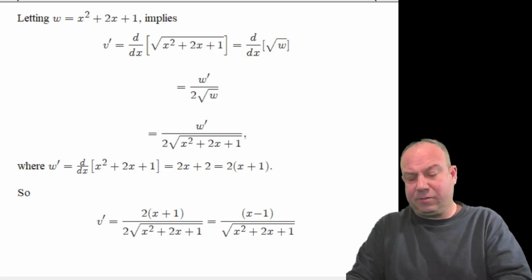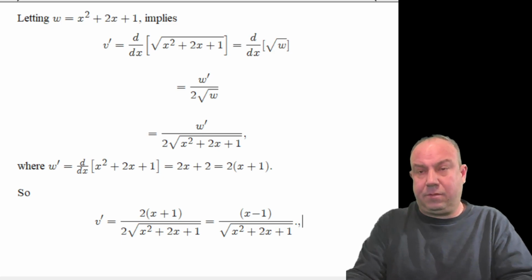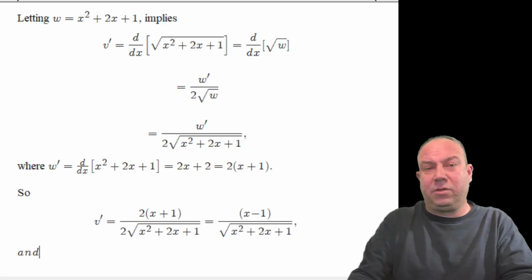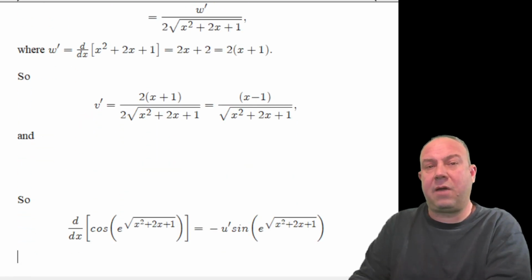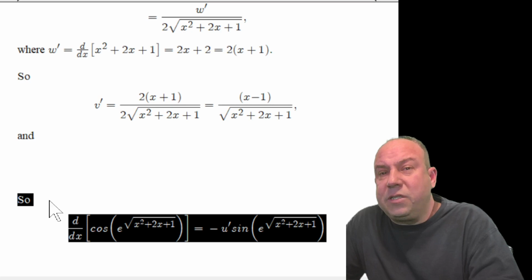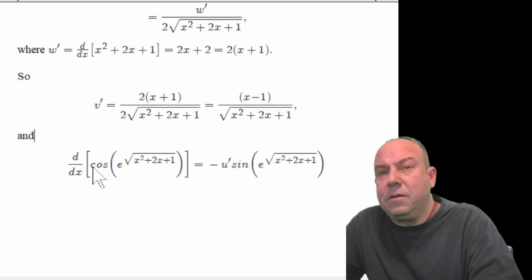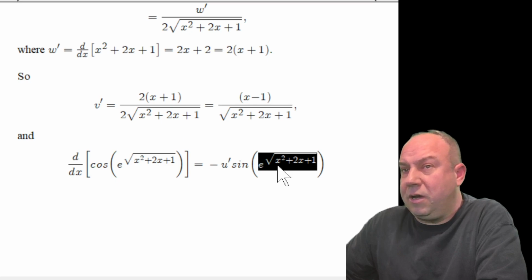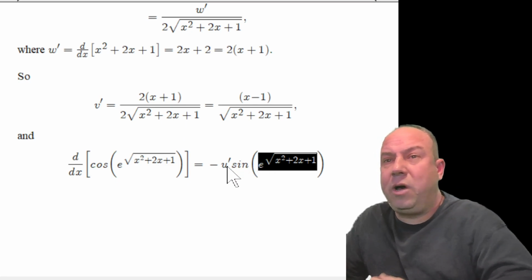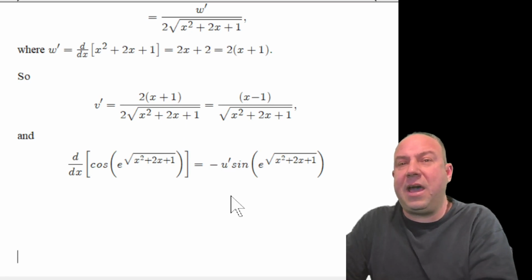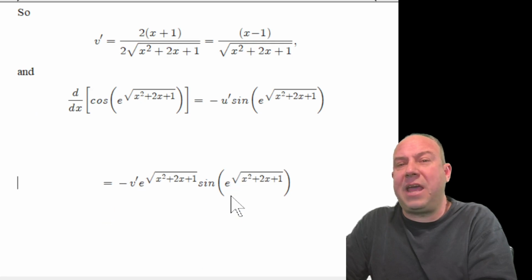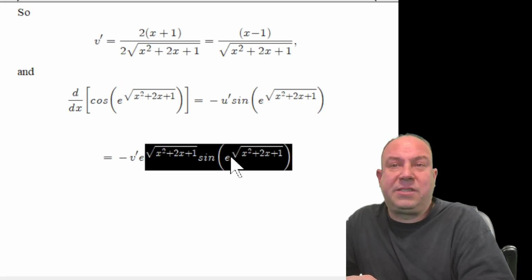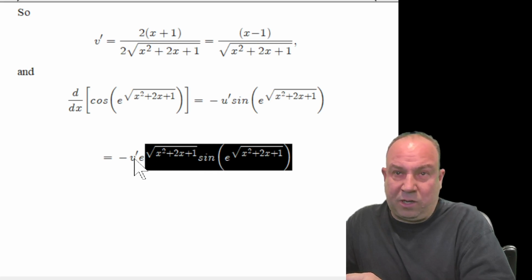All right, so let's highlight that now. And then what I was going to say is that the derivative with respect to x for our initial derivative, which equals negative u prime sine e to the radical of x squared plus 2x plus 1, where u prime, if we substitute in for that, we found above, that was negative v prime e to the square root of x squared plus 2x plus 1 sine e to the square root of x squared plus 2x plus 1.